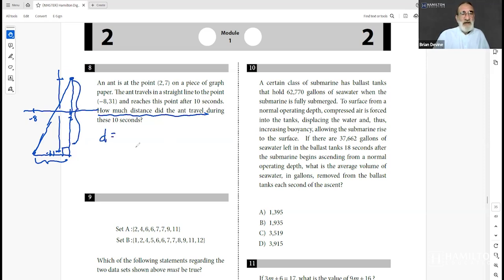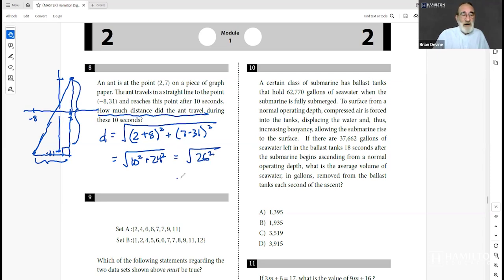Well, distance then is going to be the square root of the change in x, which is going to be 2 minus -8 squared, plus the relative change in y, which is going to be 7 minus 31 squared. And if I stick that in a calculator, well, I'm going to end up with 10 squared plus 24 squared. And I can see that that's going to be the square root of 26 squared. And so that's going to be 26.